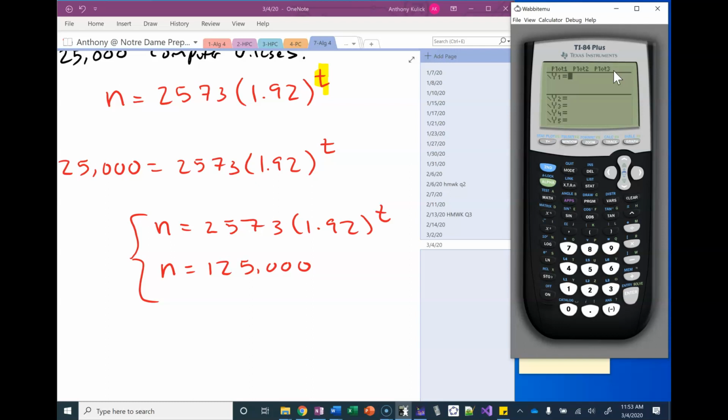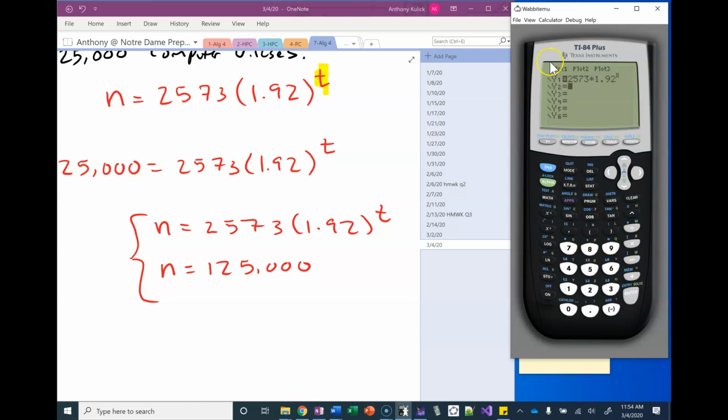Okay? So in our case, when we write this, y is going to be the same thing as n, and x is going to be the same thing as t. So my first equation is going to be 2,573 times 1.92 to the x.